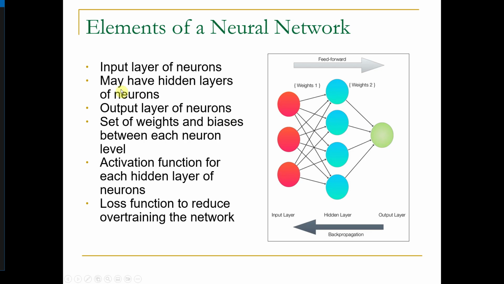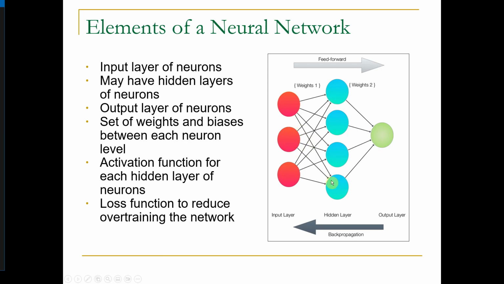We may have hidden layers of neurons. So here's a so-called hidden layer. Now notice what's happening here. Each of these inputs has a weight, but each of these inputs is going to another neuron in this hidden layer. So here's an input, here's an input, here's an input, so it's going to here. Here's the first one again, boom, boom, boom.